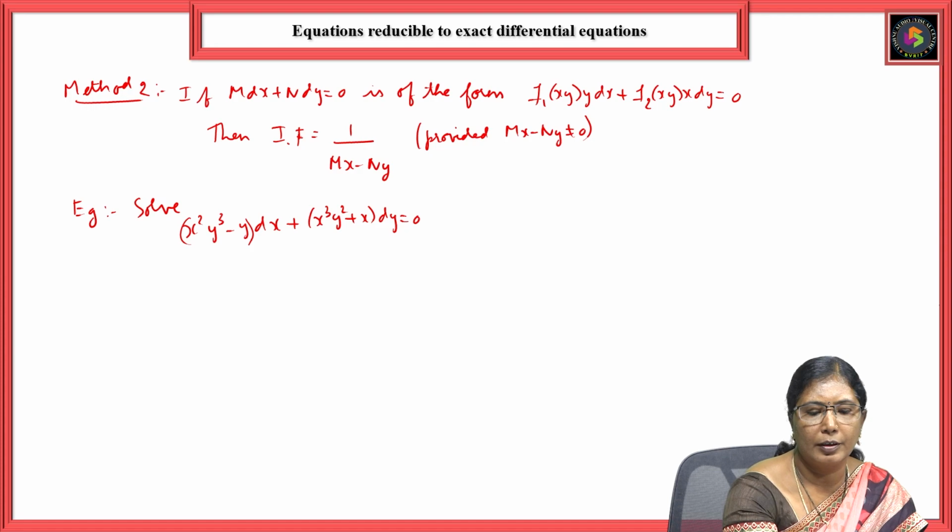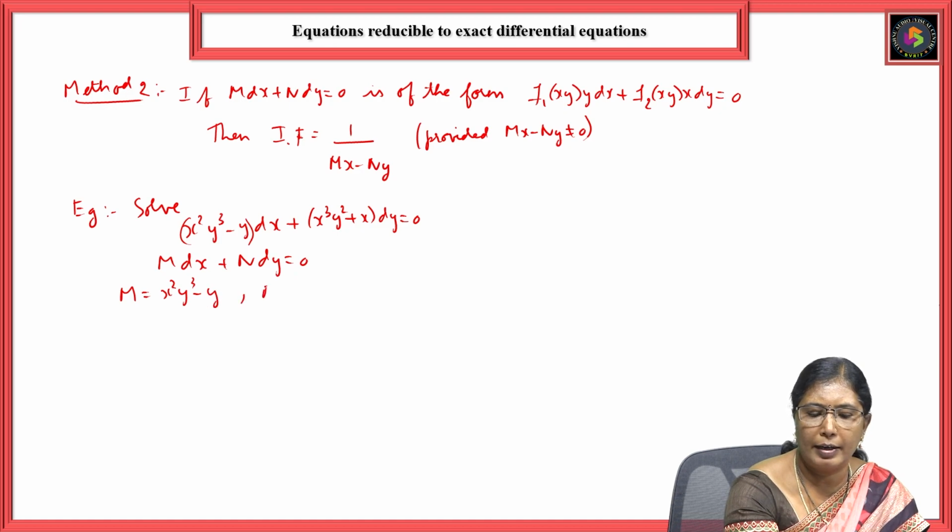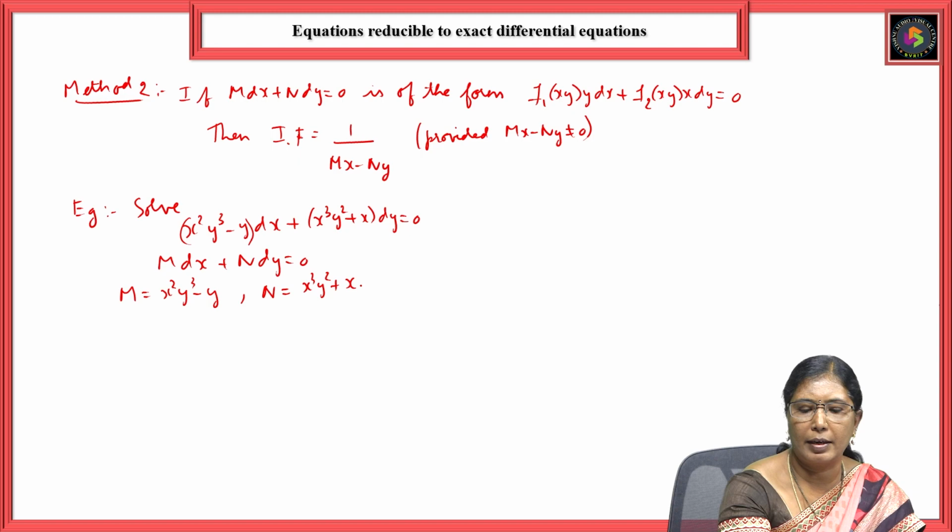Now first of all, we should check whether it is exact or not. It is of the form M dx plus N dy is equal to 0. So comparing, what is M? M is equal to x square y cube minus y and N is x cube y square plus x.